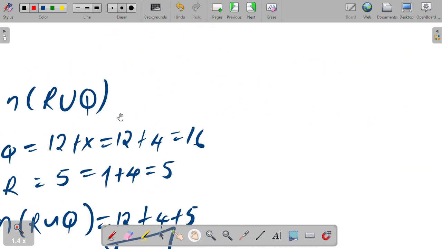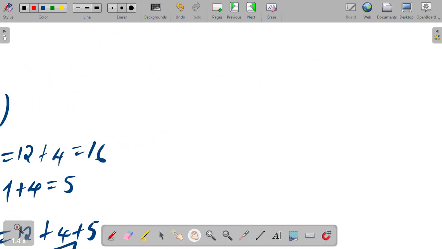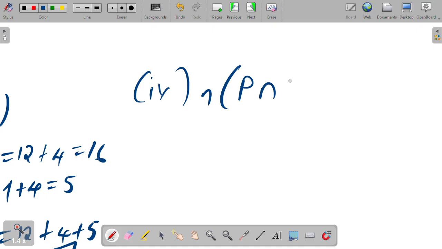This is what the question is saying. Number IV: the number of elements in (P ∩ Q)'.